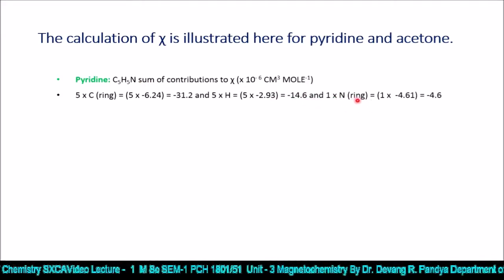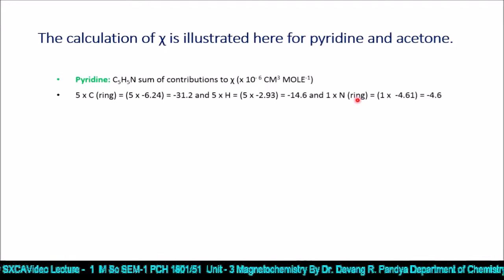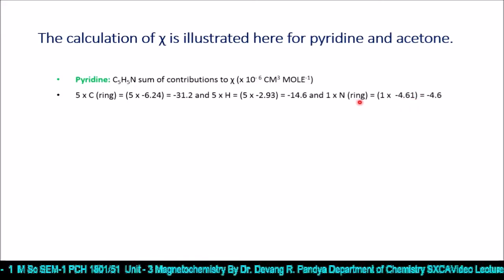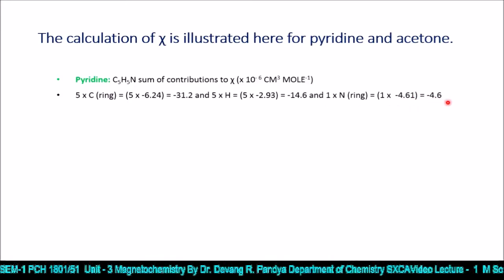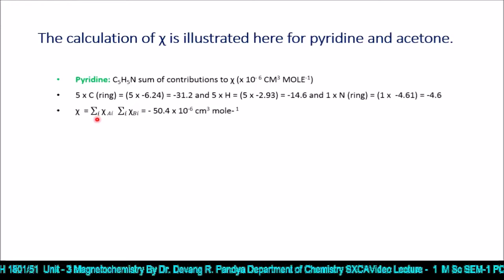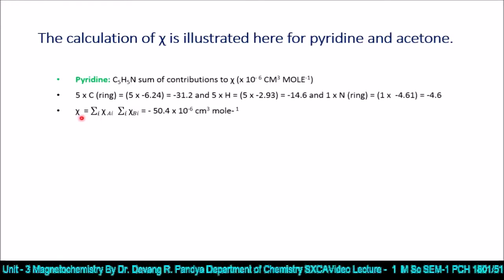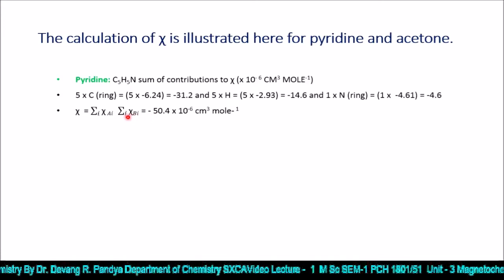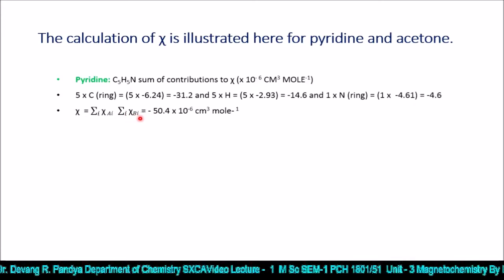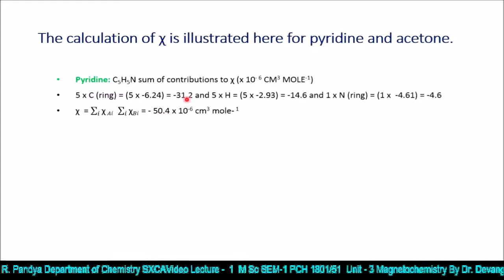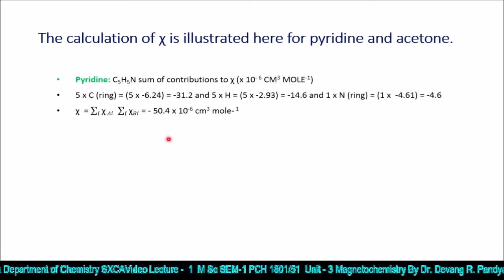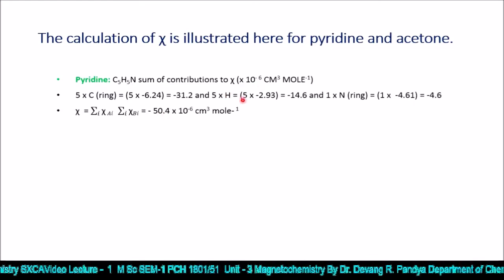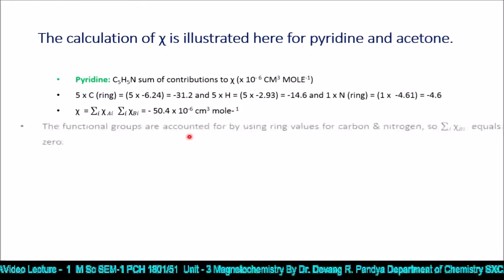Nitrogen of a ring and nitrogen outside the ring have two different values. So nitrogen of a ring has minus 4.61. That is multiplied with 1, so we get minus 4.6. Now combined together, χ is equal to Σ ni χi plus Σ λi, so addition of this and this gives us minus 50.4 into 10 raised to minus 6 cm³ mol⁻¹.